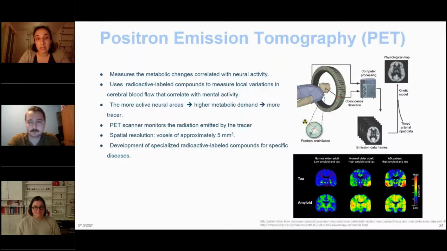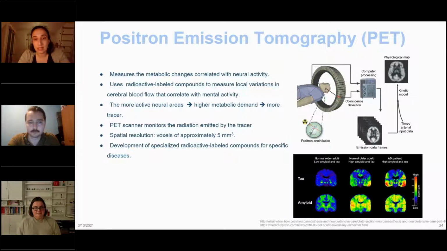For example, right here you see a radioactive label compound which was designed for Alzheimer's disease, and it basically shows tau amyloid existence in the brain. Tau amyloid, it's a protein associated with Alzheimer's disease.